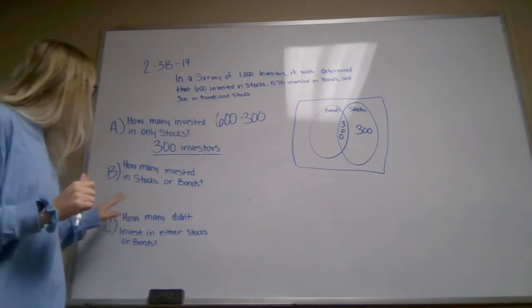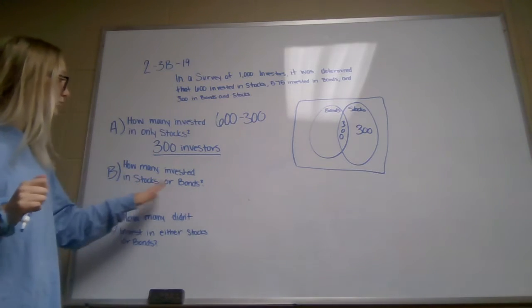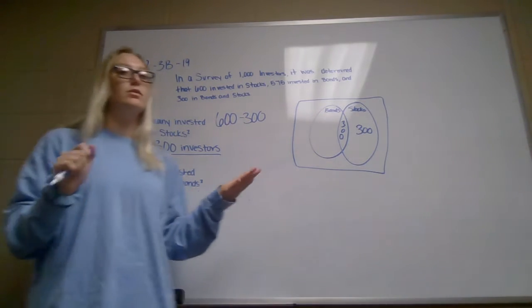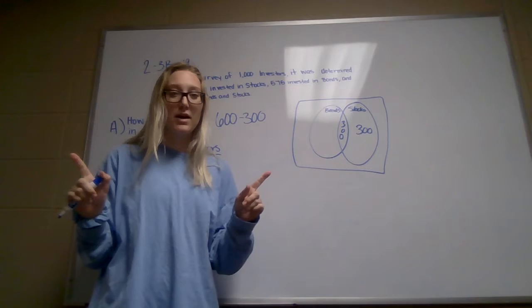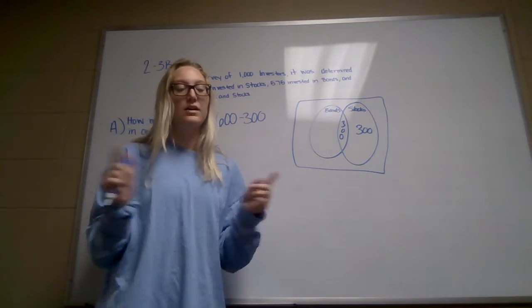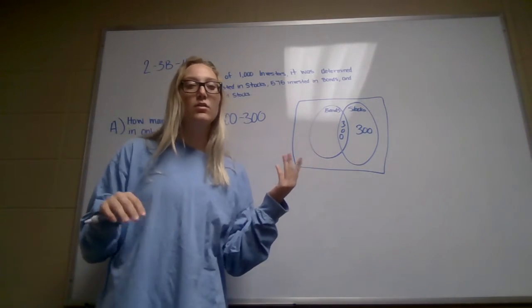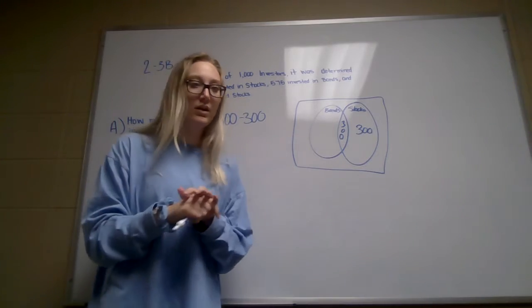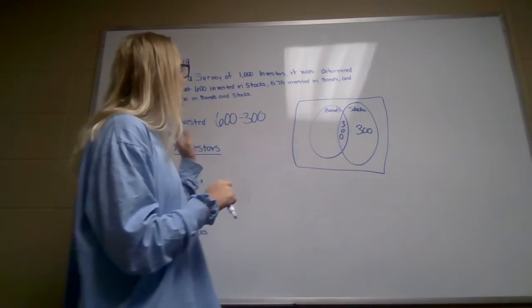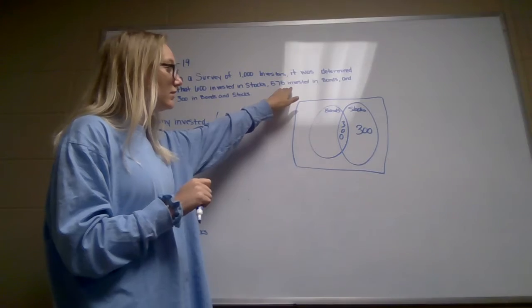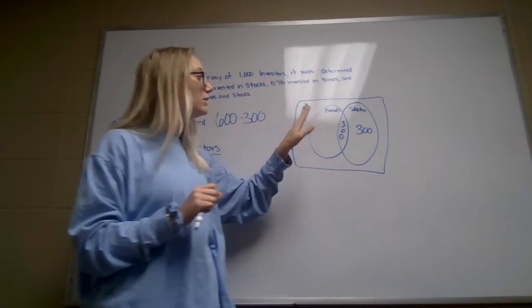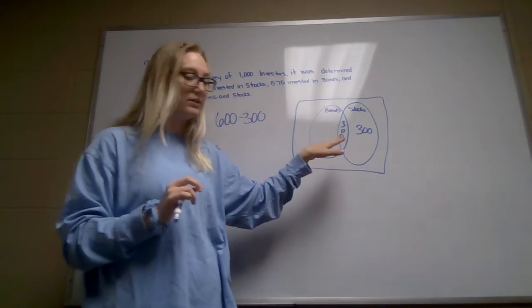For B, how many invested in stocks or bonds? Remember now, or in math means inclusive. It can mean either or it can be just one. So we know that 575 is bonds, but we already took 300 out of it.